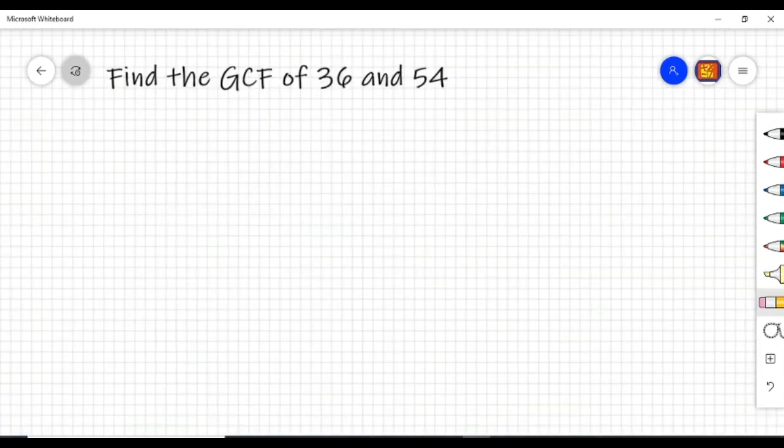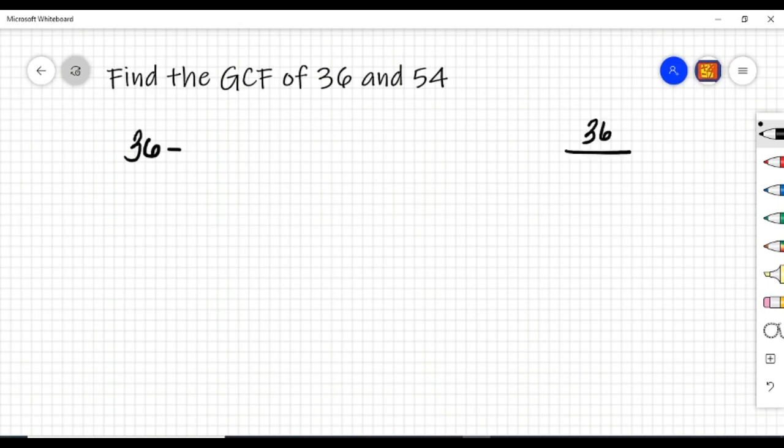For our next example, we're going to get the GCF of 36 and 54. Again, in the listing method, we're going to list all the factors of the given numbers. Let's start with 36. So again, to give the factors of 36, we're going to think of two numbers that if we multiply, we're going to get 36.